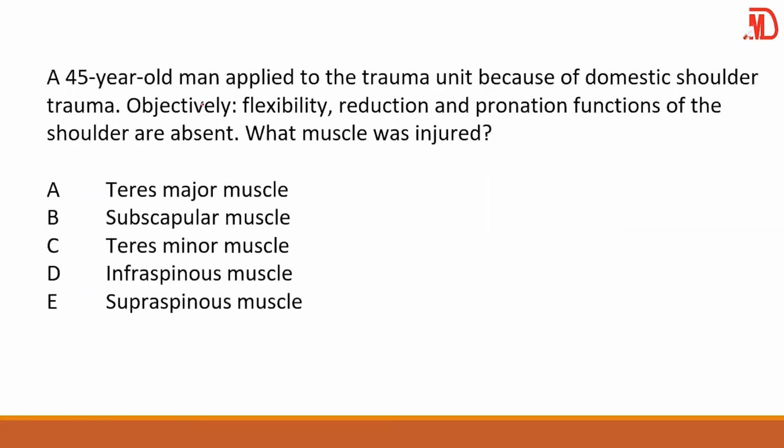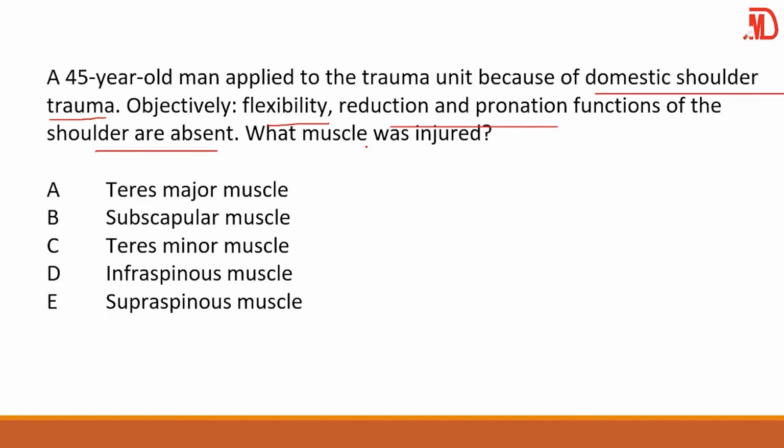A 45-year-old man applied to the trauma unit because of a domestic shoulder trauma. Guys, do you remember we solved a similar question? Flexion, adduction, and pronation functions of the shoulder are absent. What muscle was injured?